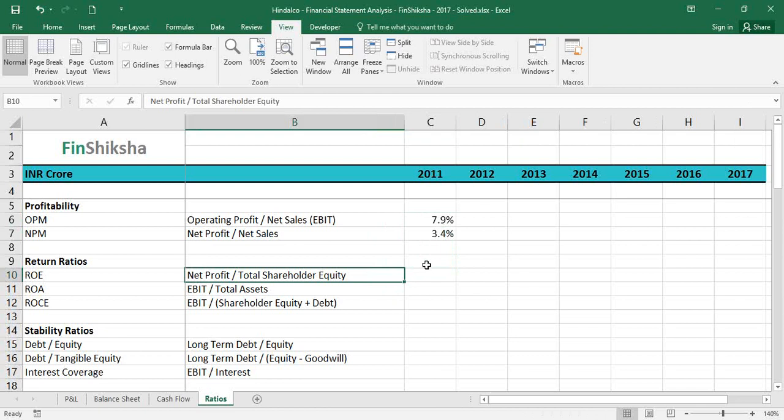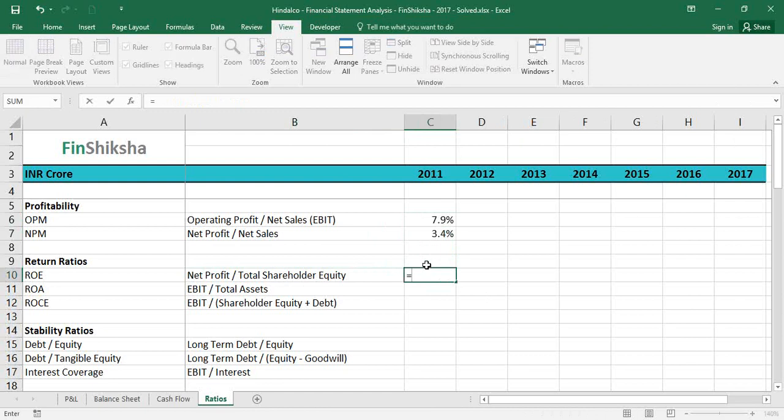They choose to reinvest this money in the form of shareholder equity or reserves and surplus. If the company consistently does not generate a return greater than its cost of capital or cost of equity, there's no real point in the firm keeping that money. It should largely return that money to the shareholders in the form of dividends. So is the firm able to have a good return on equity?